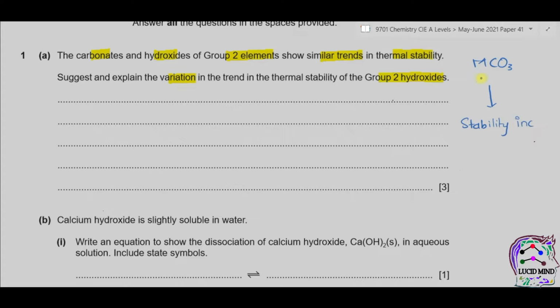And the reason is the size of the cation. Because the anion is the same, there is no change in anion, but the cations are changing. We have magnesium, calcium, strontium, barium. As we move down in the group, the size of the cation increases.